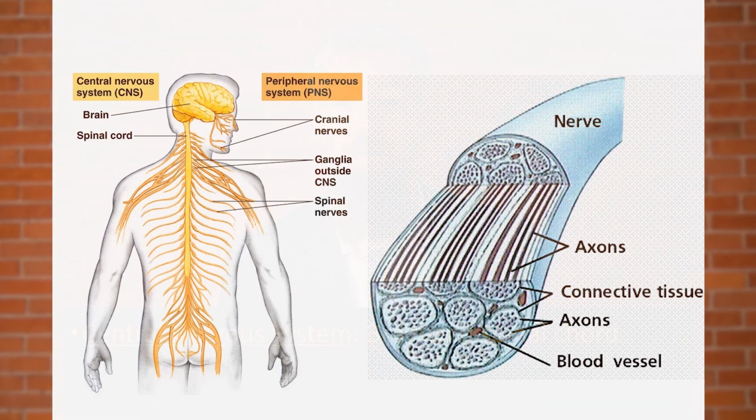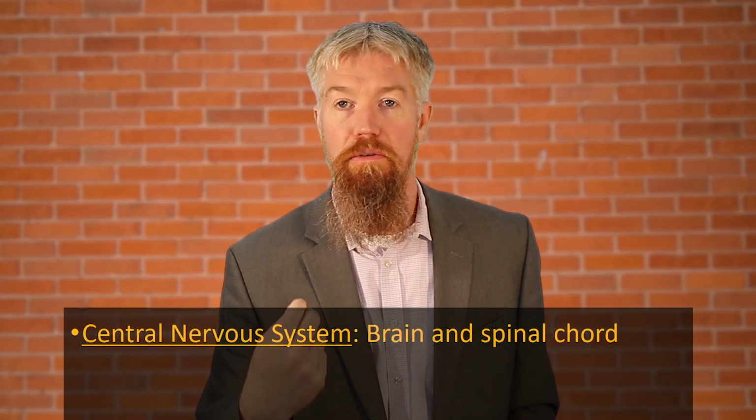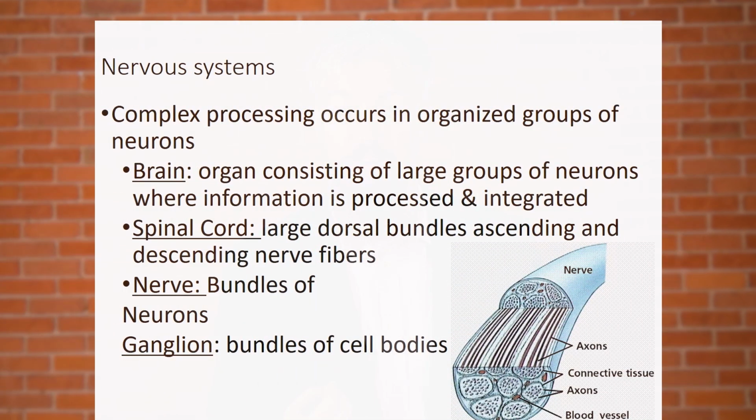Extended out from both the brain and the spinal cord are going to be a series of nerves. These nerves are going to be bundles of neuron fibers moving from one location to another. In some instances, those nerves may be grouped together into bundles of cell bodies referred to as ganglia.